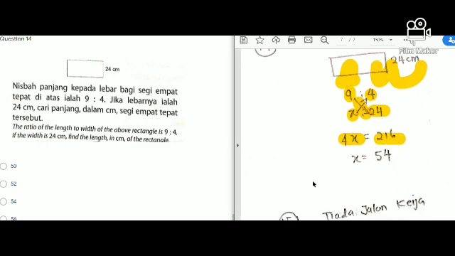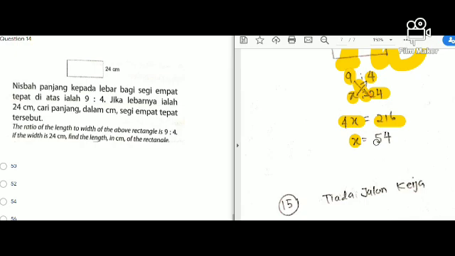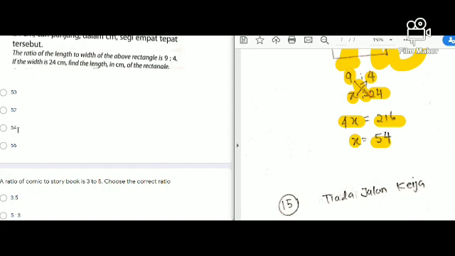When the question just want x, so you just let x on the left side, and 4 you bring to the other side. 4 multiplied with x, it will change to division, which is 216 divided with 4. So the final answer will be 54. So the answer is C.